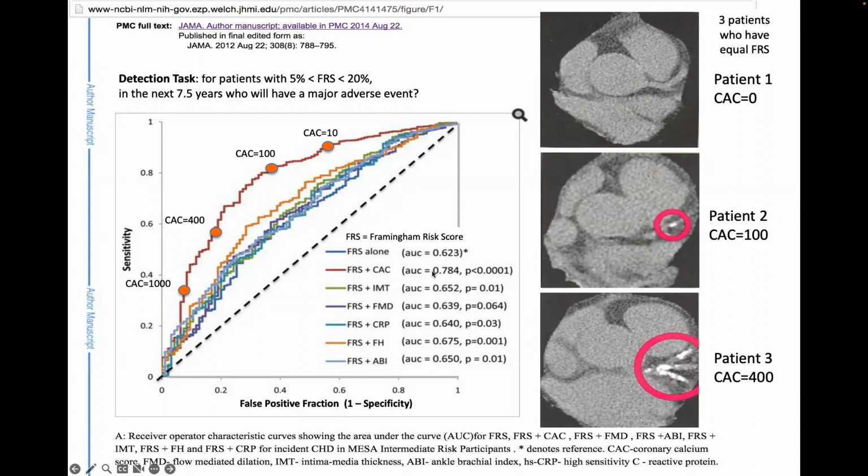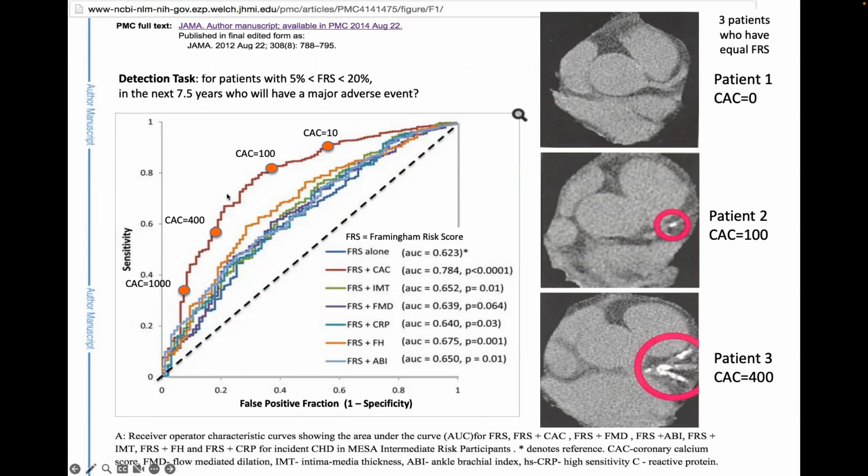We also looked at the use of coronary calcium to predict somebody's risk for having a heart attack or some kind of major cardiac event in the next 10 years. And coronary calcium, the amount of coronary calcium, is the best predictor right now of any analytical test, any blood test, any blood pressure test, any clinical score, anything like that.